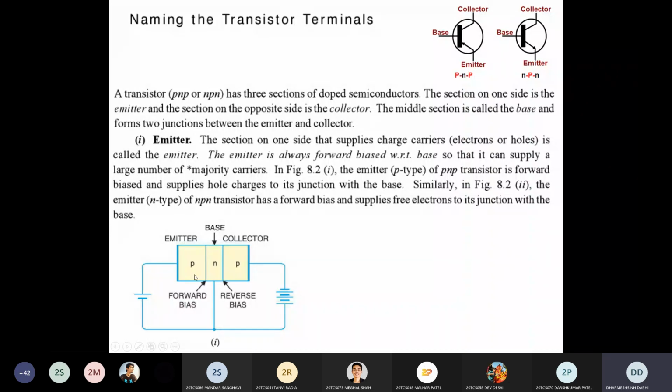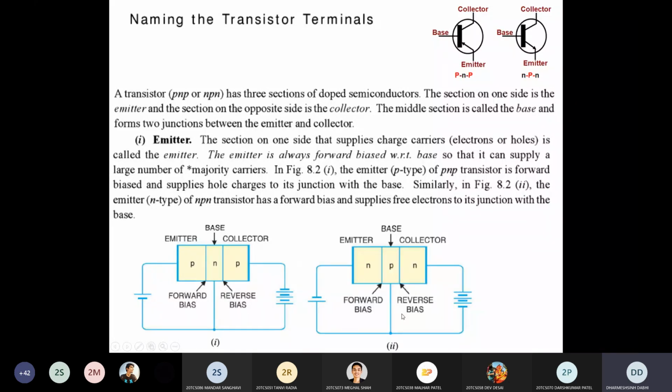So it means that this junction is forward biased. Always this emitter junction is forward biased, and always this collector junction is reverse biased. You can see the negative terminal of the supply is connected with the P layer, and the N-type layer is connected with the positive of the supply. Clear? So always the collector junction is reverse biased, and the emitter junction is always forward biased.